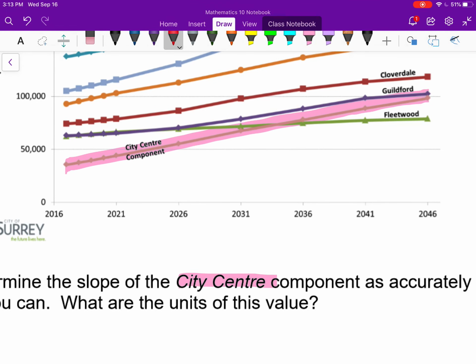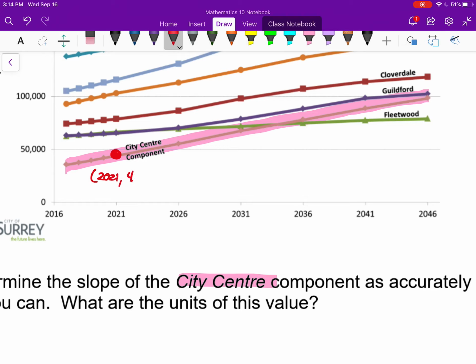So how about right here, for example. I know that's at the year 2021. The population is just shy of 50,000. So I'll say about 48,000. I'm estimating.